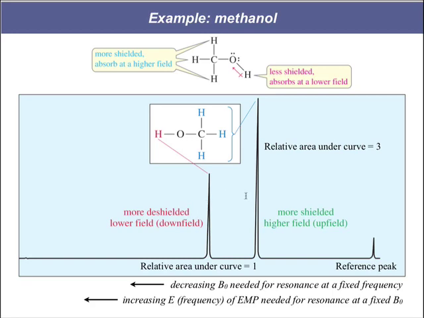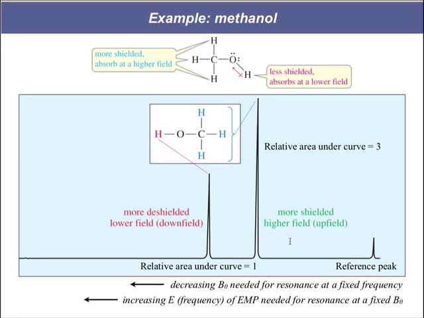So 2 signals mean 2 different types of protons, or protons in 2 different chemical environments. We can see how shielded they are by how far left or right these peaks show up on our graph, and the area under the curve of those peaks, the integration of those peaks, tells us how many of each type of proton we have.